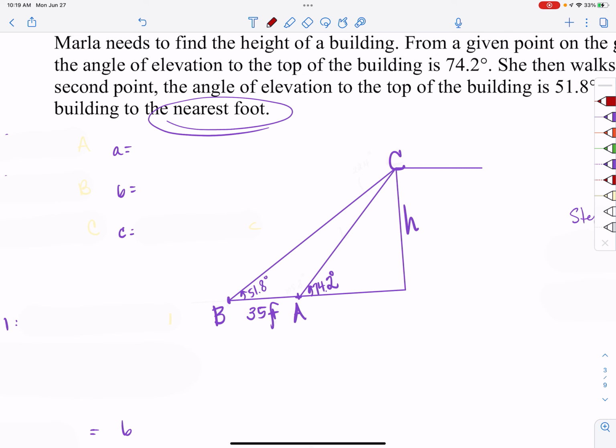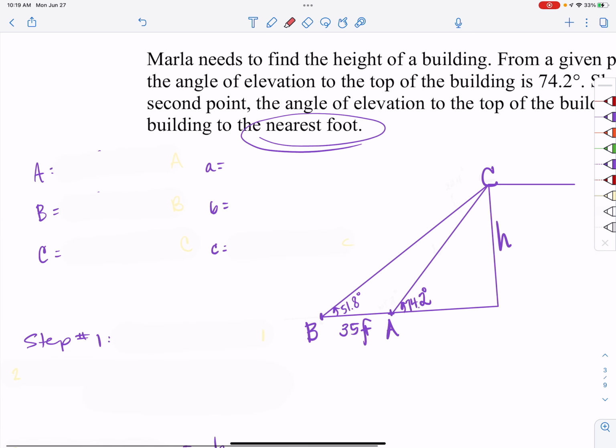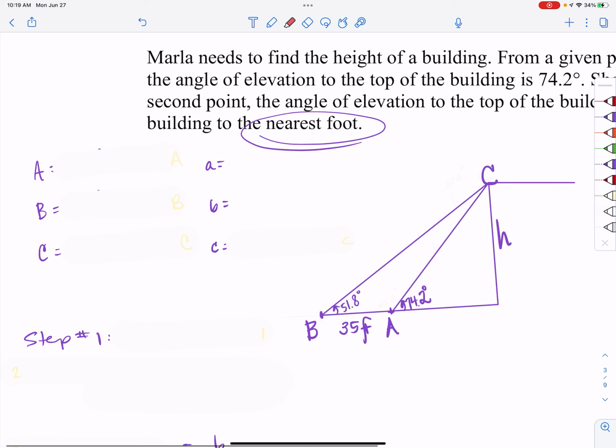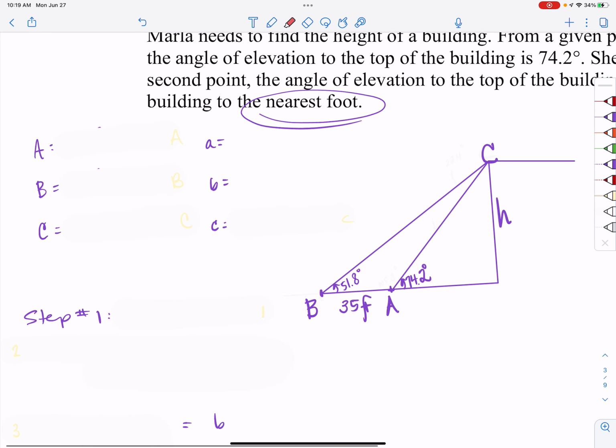So I've got here my angles A, B, and C, and that's going to be this triangle right here. So I actually already have a table set up for angles A, B, and C. The only thing I really know right now is what angle B is, and that's that 51.8 degrees. However, it's really easy to find out what angle A is.